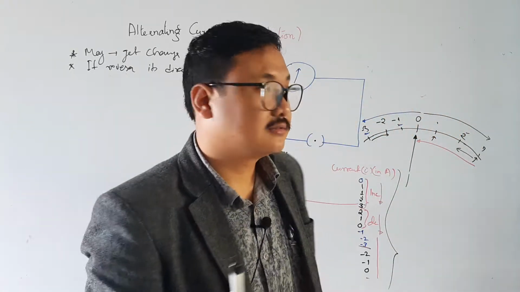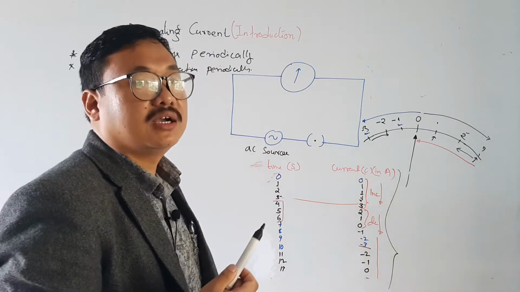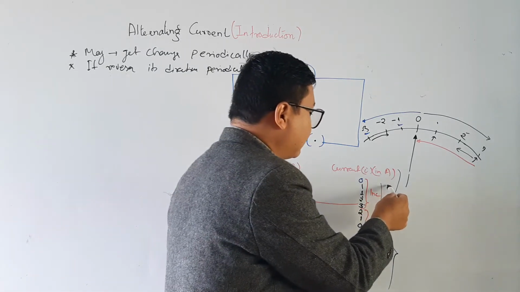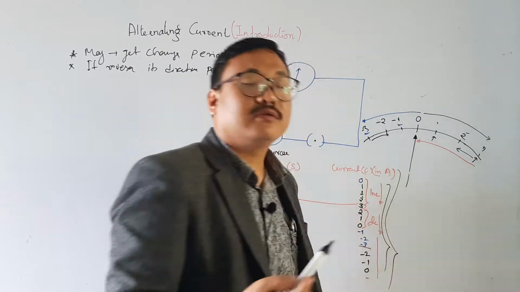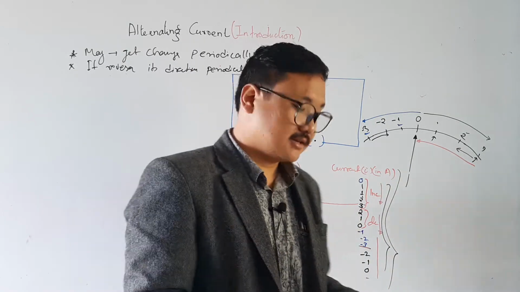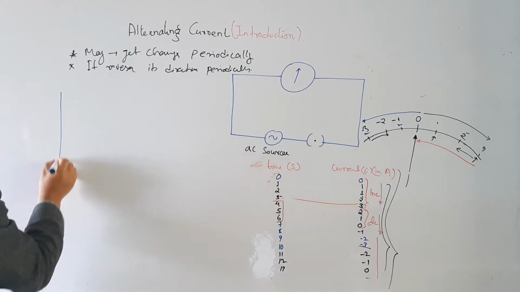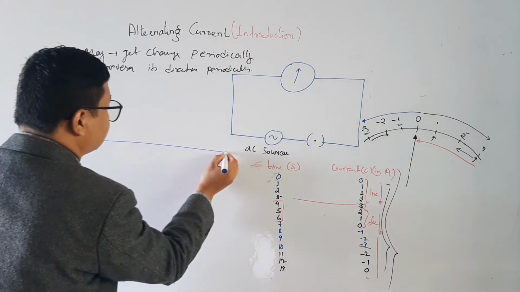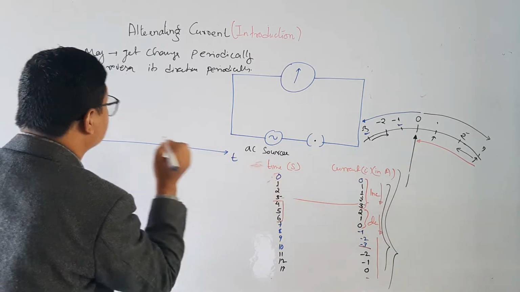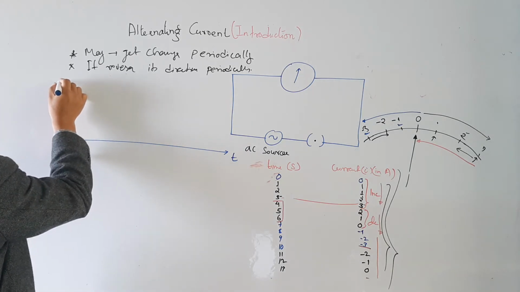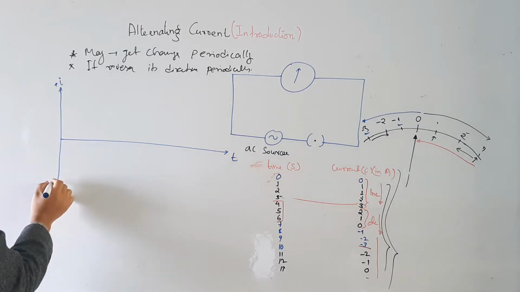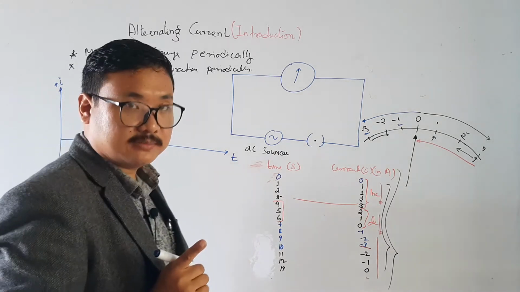Now if we want to draw a graph of this current, then how would it look like? Let me have this diagram, say T, and this is my current I, positive I, and this is my negative I. Why am I writing positive I and negative I?